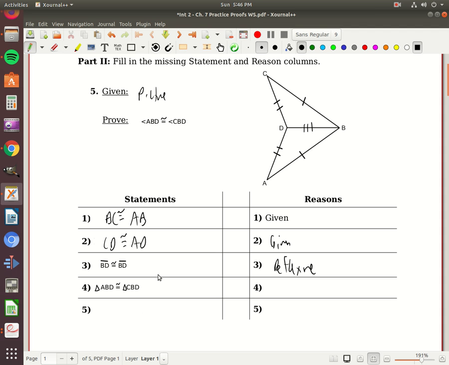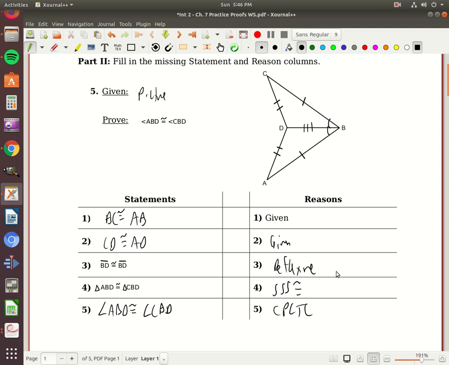I know I can say these triangles are congruent because of side-side-side congruence. And finally, I can come back and say that angle ABD is congruent to angle CBD. And I know that that is true because of CPCTC.